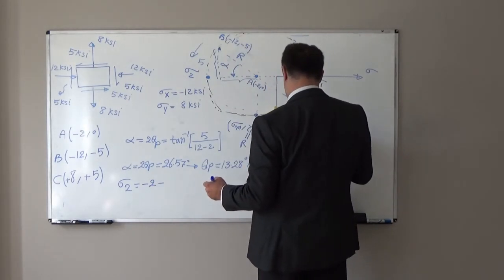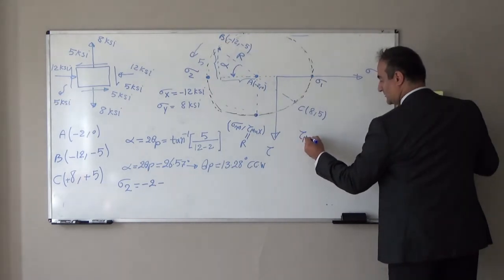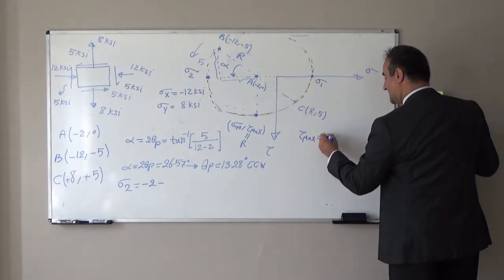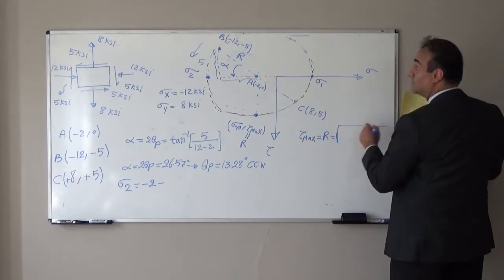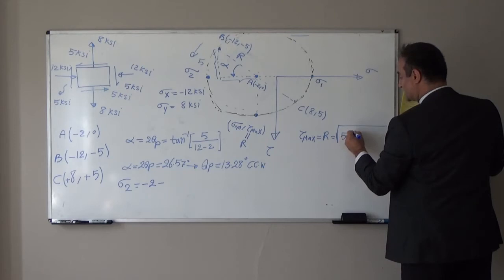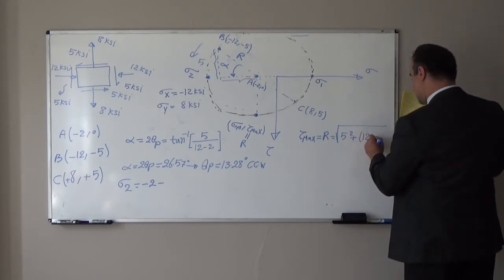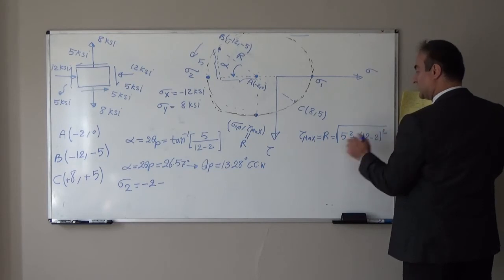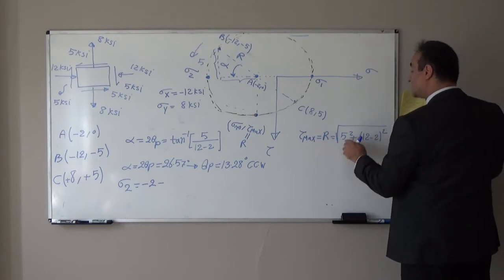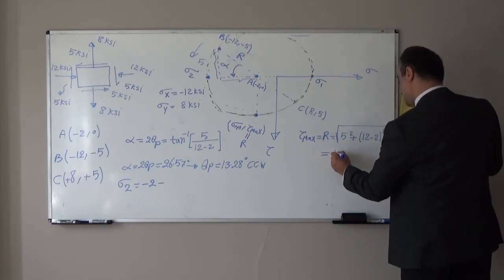If we find the radius, the radius is equal to tau max, which is equal to the square root of tau xy squared, which is 5 squared, plus 12 minus 2 squared. So r will be equal to the square root of 5 squared plus 12 minus 2 squared. That will be equal to 11.18 KSI.